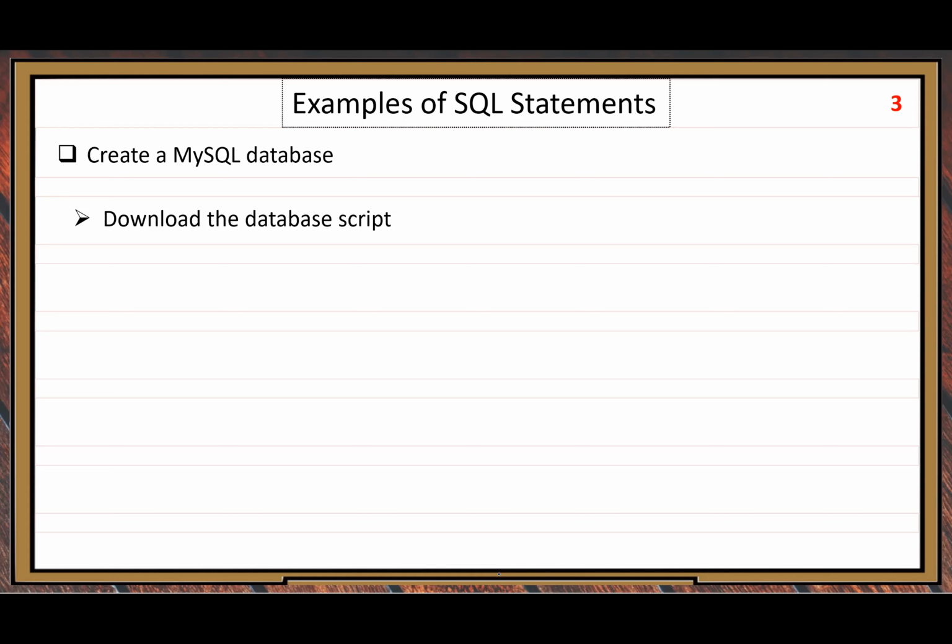For our first example, I already uploaded it in Canvas, so you can download it. It's called animaldb.sql. This one I used in my last year CS4010, so my CS4010 students are familiar with this database. I just use this one as our first example in this class.